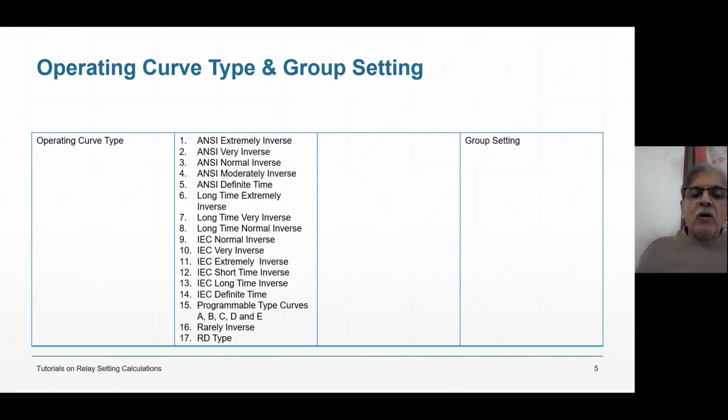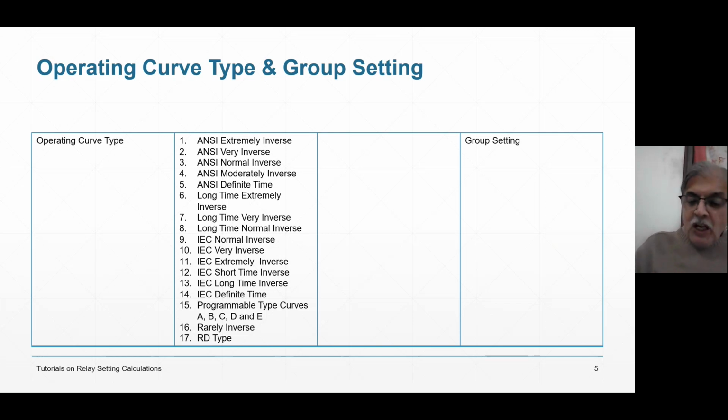Programmable type curves are also given, A, B, C, D, E. If you do not want to use any of the curves and you want your own, some different kind of curve, then by properly setting the parameters A, B, C, D and E, which we will not talk about right now, you can have a programmable curve also. Rarely inverse, RI curve and RD type curve. So many curves, and these are also group setting. That means in one group you can have normal inverse, in another group very inverse, in a third group extremely inverse.